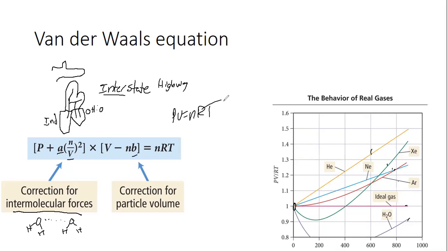What I want you to know from this slide is, what does the van der Waals equation correct for? And it corrects for intermolecular forces and it corrects for volume. That's what I want you to know. It corrects for intermolecular forces and it corrects for volume of a gas.